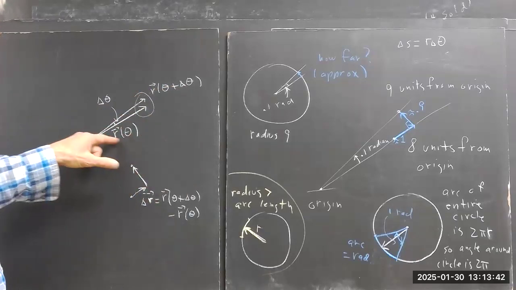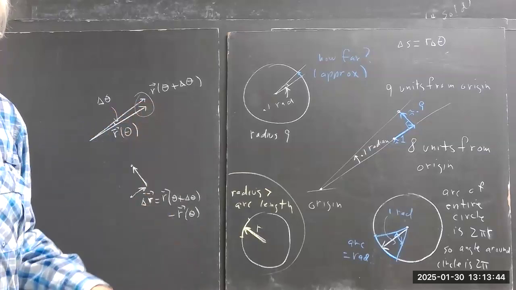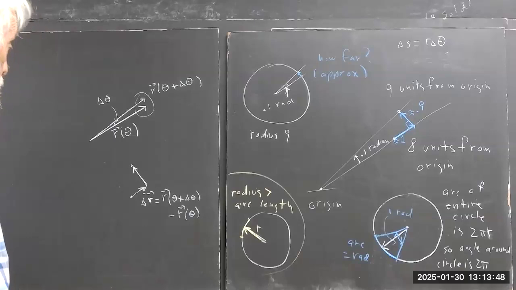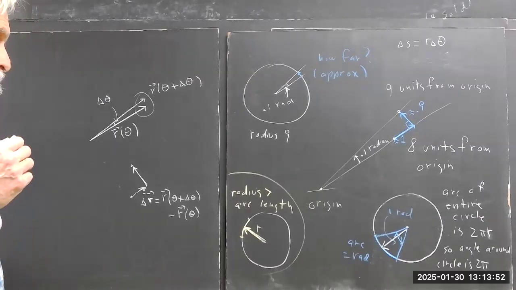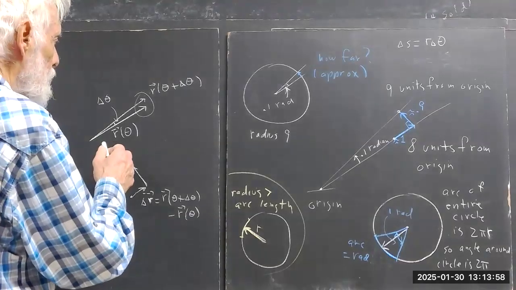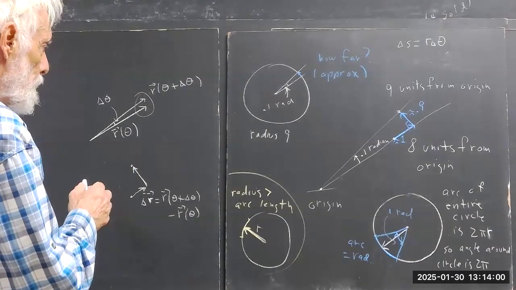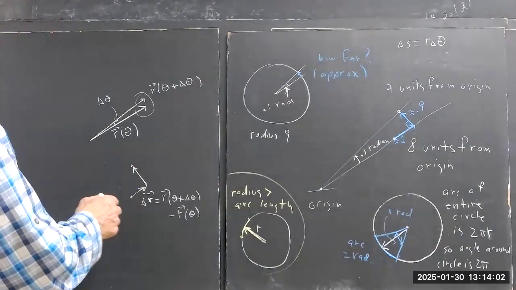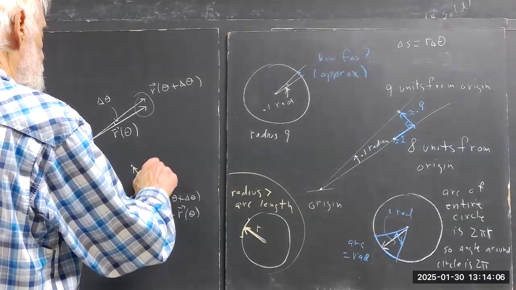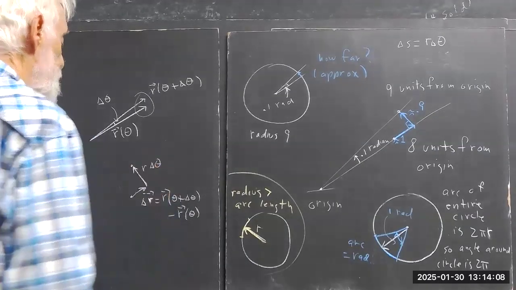Now, R of theta means this is a function of theta. What I'm saying then is that this distance here should be approximately R delta theta, shouldn't it?